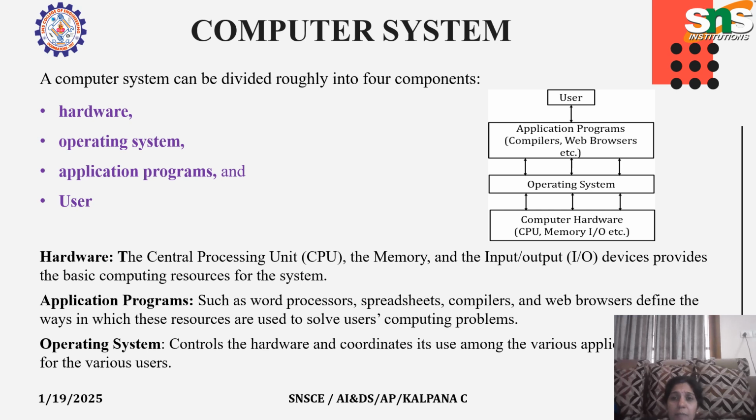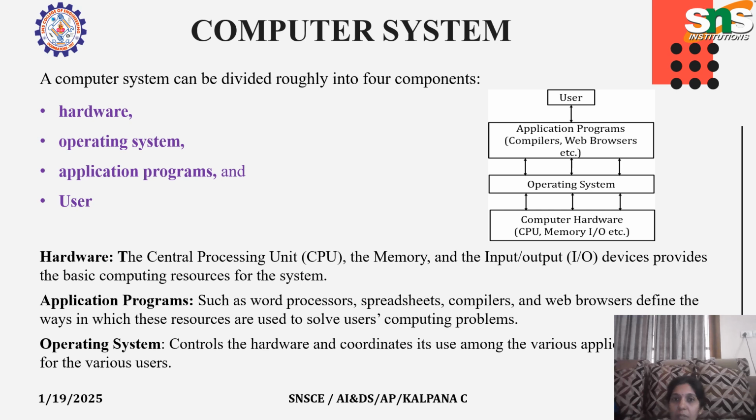Users are nothing but the end users who are using the system, using the computer or the laptop. The application programs are the web browsers or any word processor, text editor or whatever application we are using. And then the operating system acts as an interface between the user and the computer hardware.